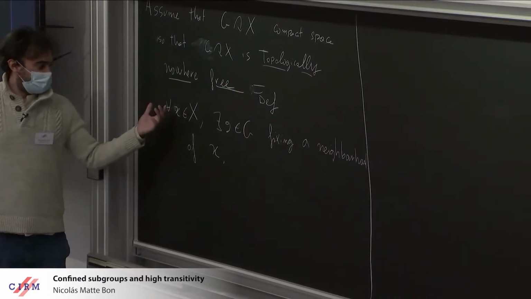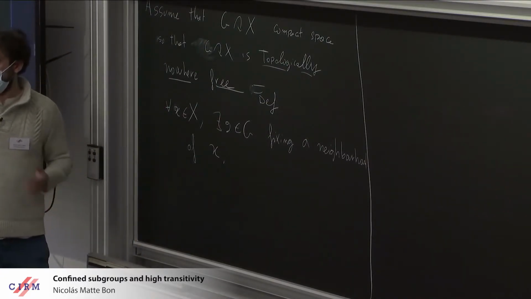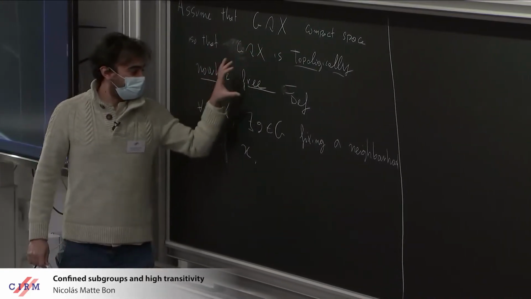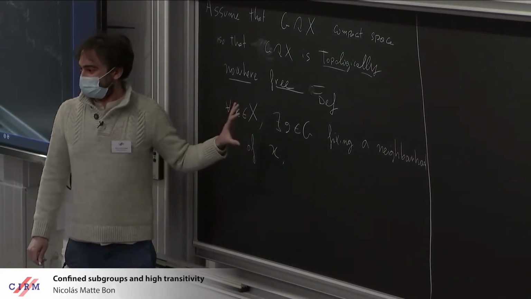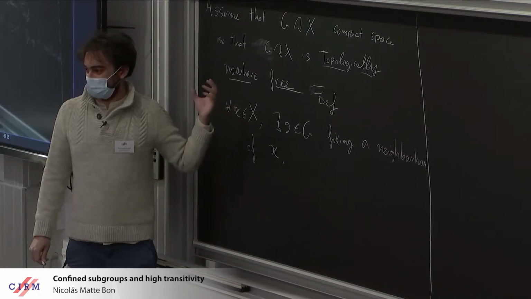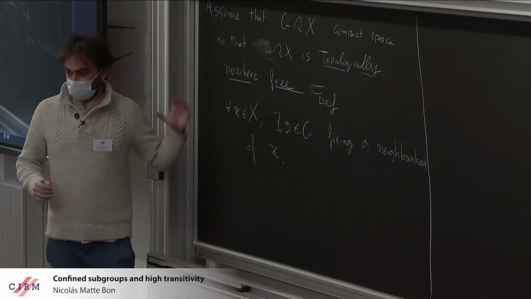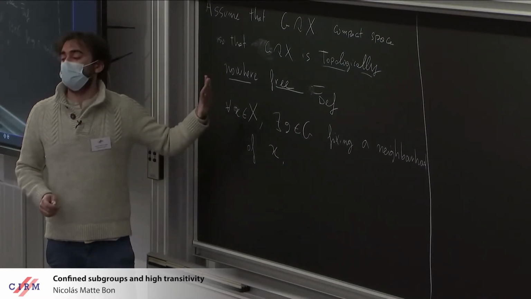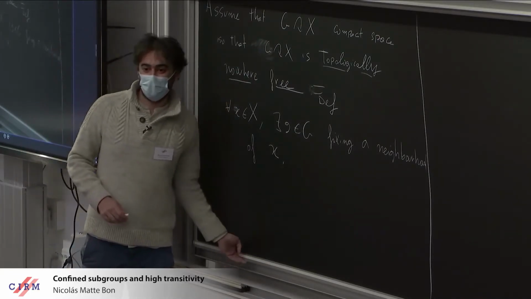So not only is every point fixed by some element, but even a little bit more in a topological sense. Why this terminology? Typically, one calls an action topologically free if no point satisfies this condition, so if the set of fixed points of every element has empty interior. This is the strong negation of that. And for minimal actions, it is exactly the negation of topologically free. An action is either topologically free or topologically nowhere free.